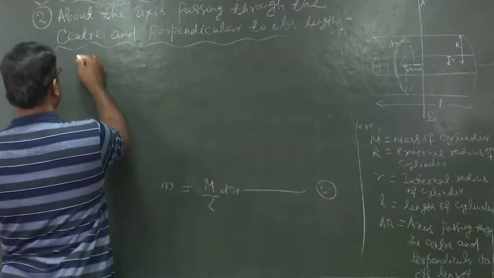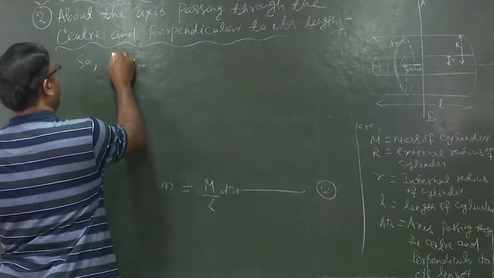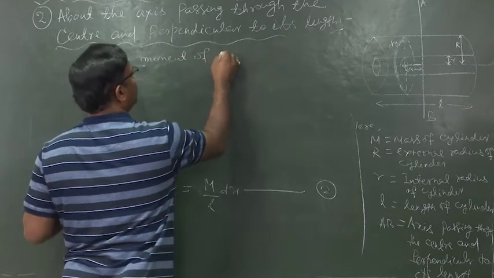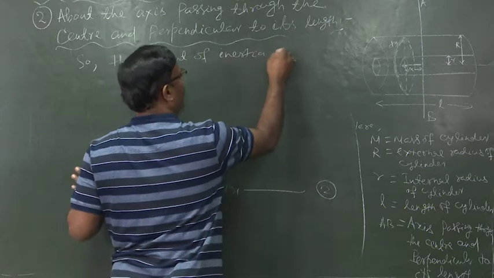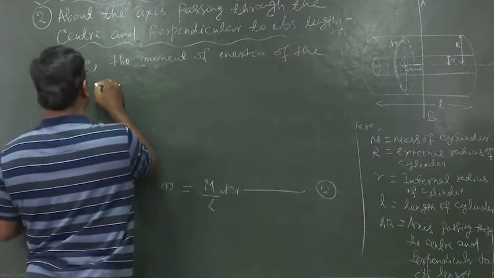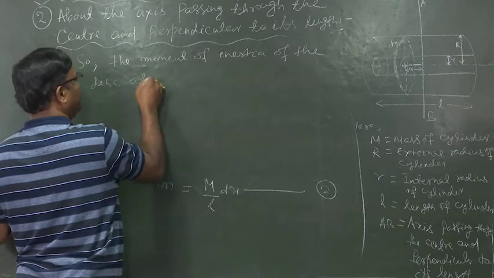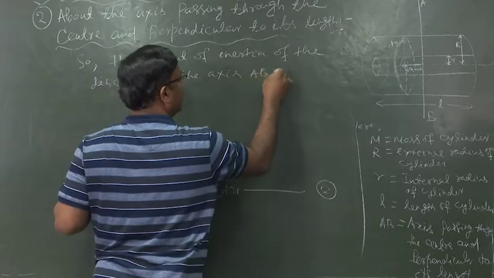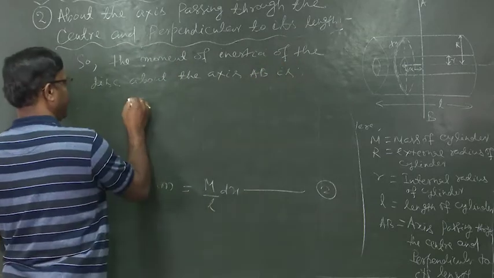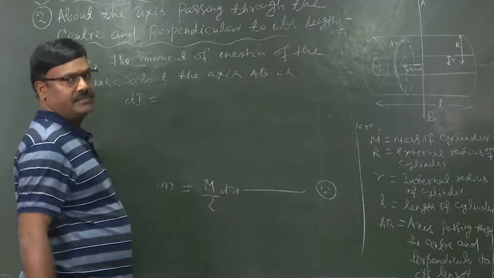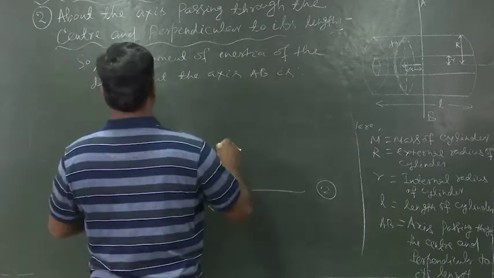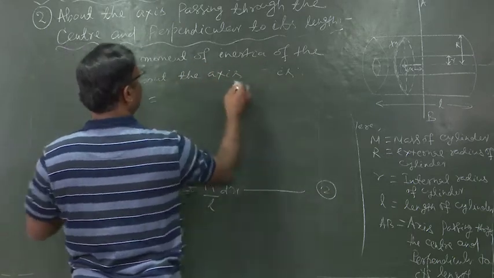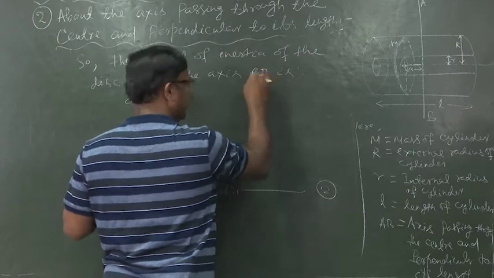So the moment of inertia of the disk about the axis AB is dI, which is equal to the moment of inertia of the disk about the axis CD.